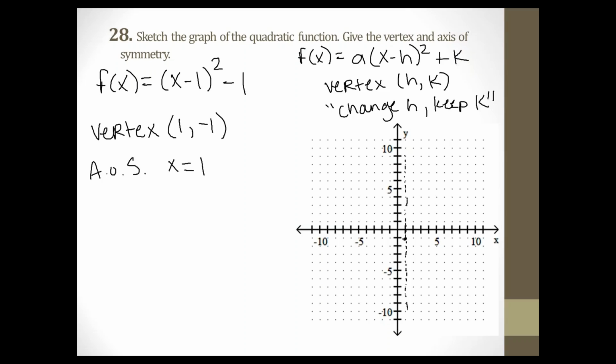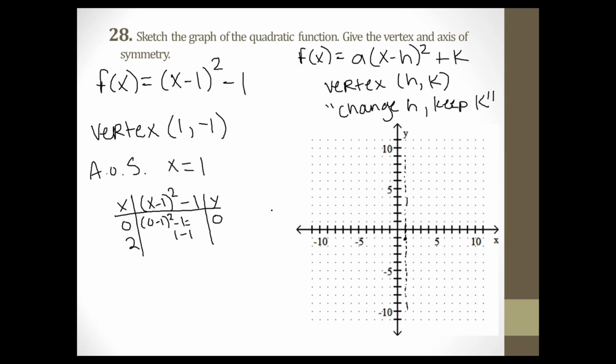If you think about it like this, we'll plug in values. Let's use when x is 0 and when x is 2. Our function is x minus 1 squared minus 1. So when x is 0, we would have 0 minus 1 squared minus 1. That's negative 1 squared, which is 1. 1 minus 1 is 0.